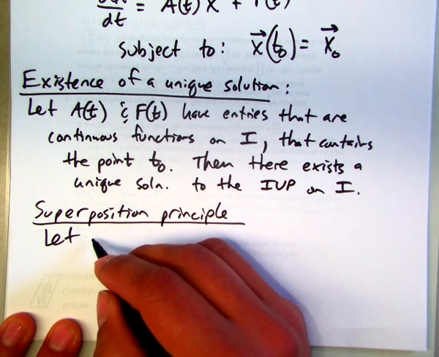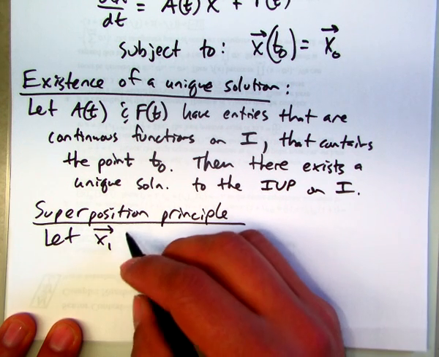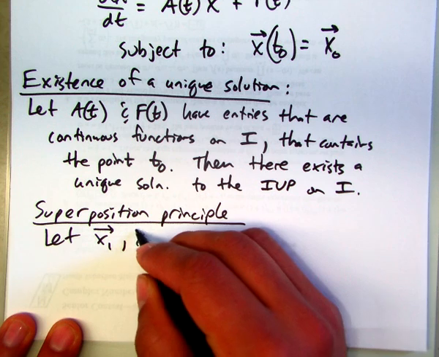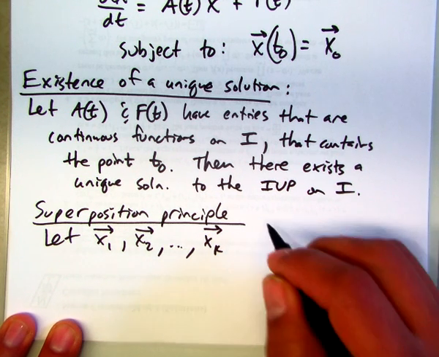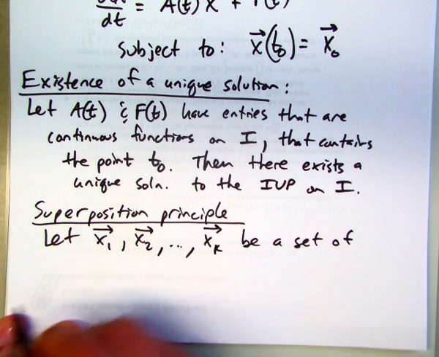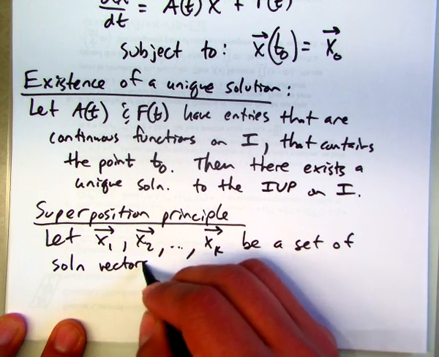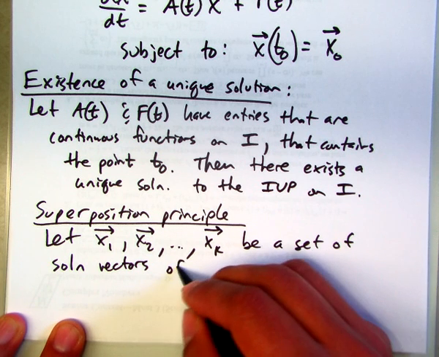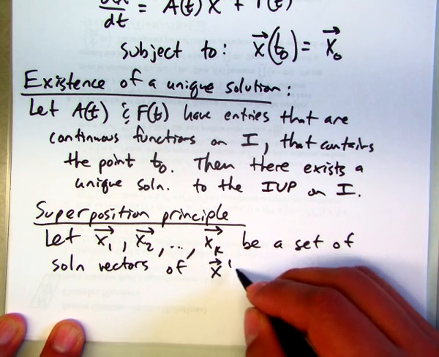Let x1, except now it's column matrices or vectors, x1, x2, x sub k, be a set of solution vectors of the system x prime equal to Ax.